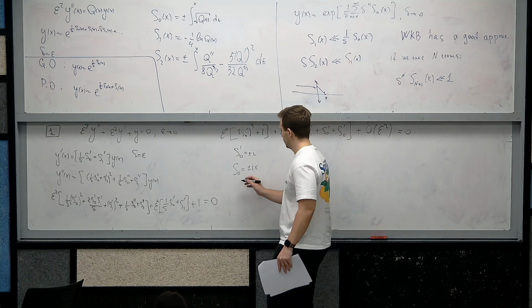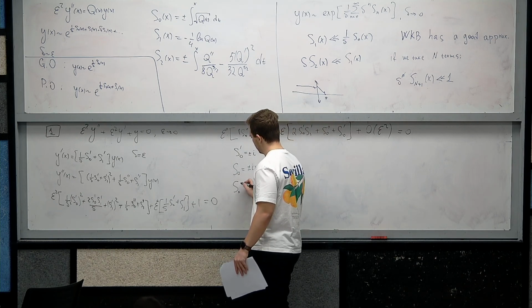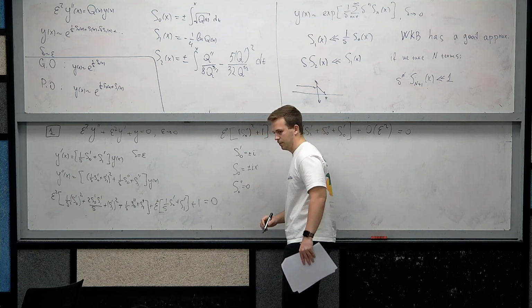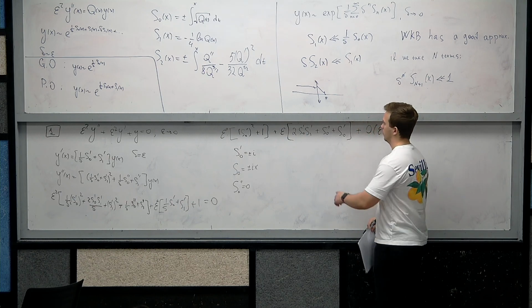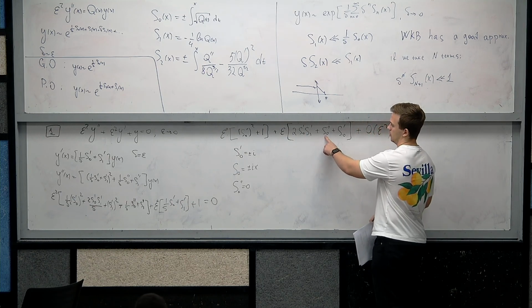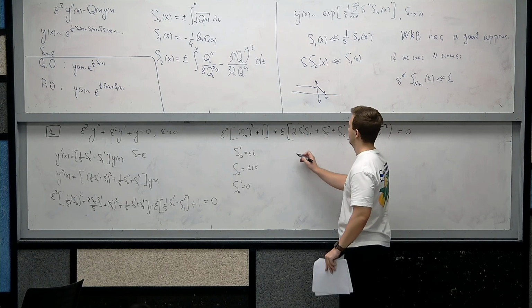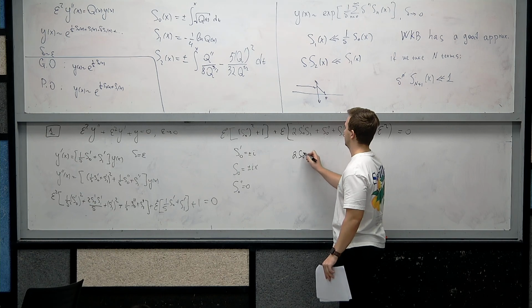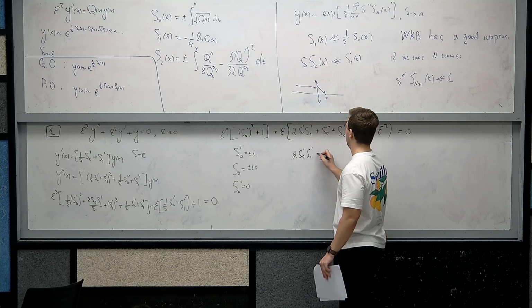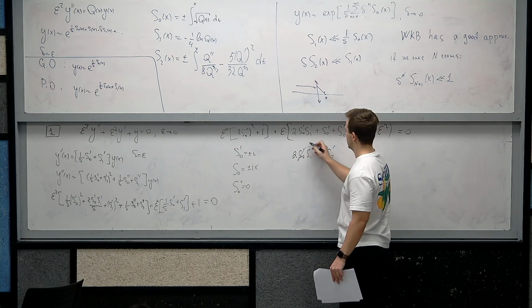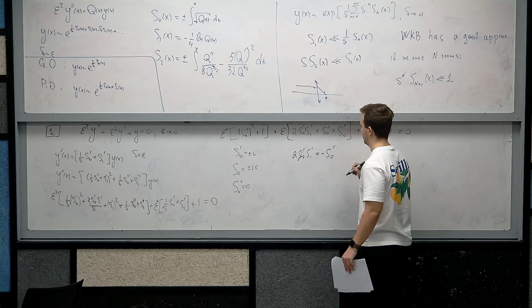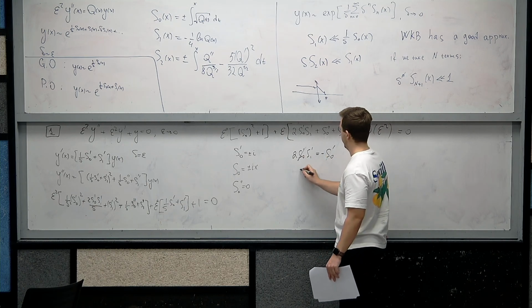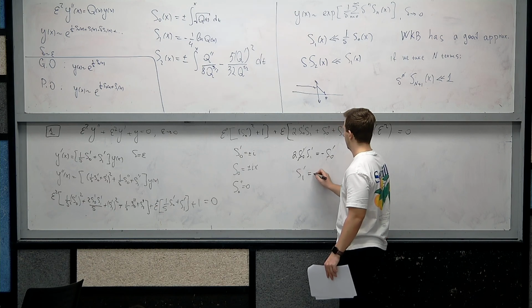You can also notice that S naught double prime is 0, and therefore this term is 0, and we only have to solve this equation: 2 S naught prime S1 prime equals minus S naught prime. So S naught prime cancels out, and we have S1 prime equals minus 1/2.